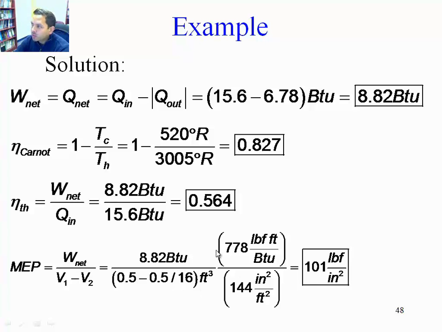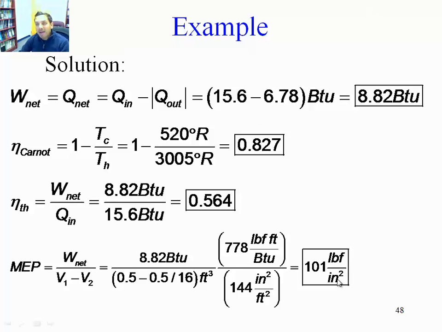We use the factor of 778 pound-force feet per BTU, and we use the factor of 144 square inches per square foot in order to have the mean effective pressure in PSI. And the mean effective pressure that we find for this particular case is 101 PSI.